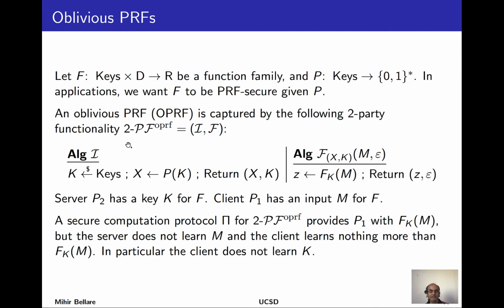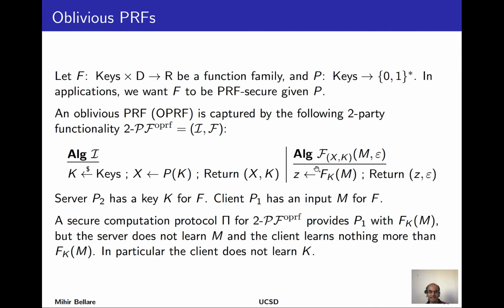So here's the two-party functionality for oblivious PRF. What it does intuitively is that it's going to ask party 2 to maintain a key k for the PRF. So initialize will be responsible for picking that key, and as you see here, party 2 now holds it. Party 1 will be given the public key deriver applied to the key, so that extra information.